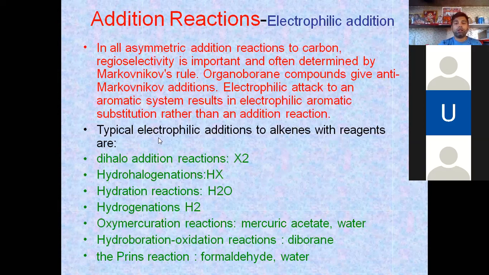Typical electrophilic additions to alkenes are dihalo addition reactions, with a dihalogen, a diatomic halogen molecule, not an atom. Hydrohalogenations, addition of hydrogen as well as a halogen atom.